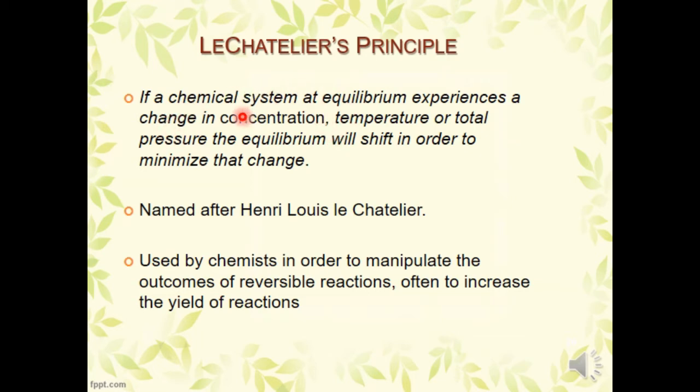It is named after a French chemist named Henry Louis Le Chatelier, and his principle was used by chemists to manipulate the outcome of reversible reactions, so that the yield of reaction can be increased.